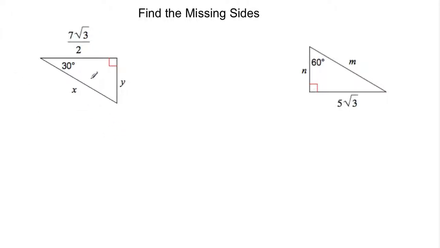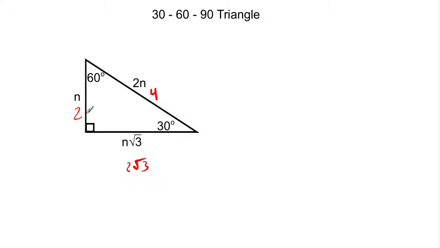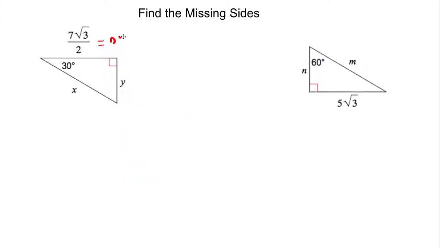So let's take a look at this special right triangle. So I know this side, this is my longer side, which as I've said before, is n times square root of 3. So I could write this out here: 7 root 3 over 2 is equal to n root 3. So to find out what n is, I just divide both sides by root 3. When I divide by root 3, that's the same as multiplying by 1 over root 3.